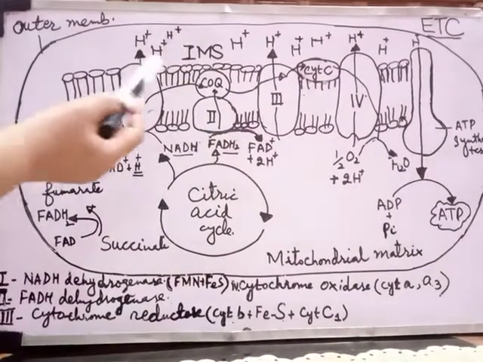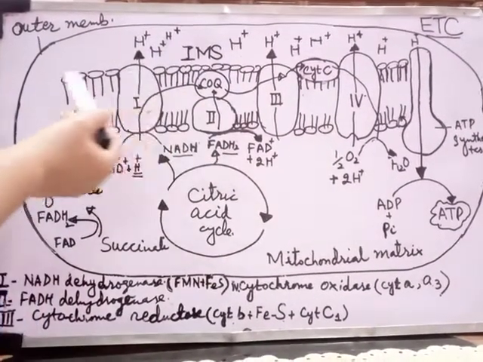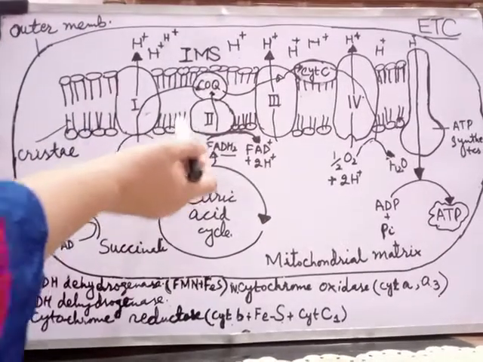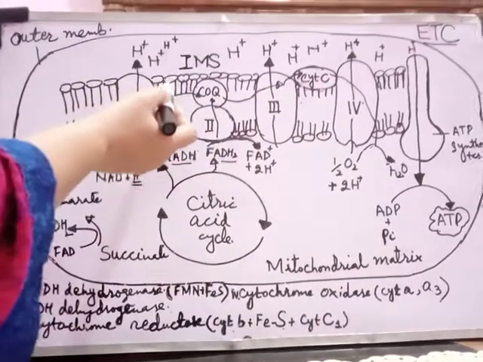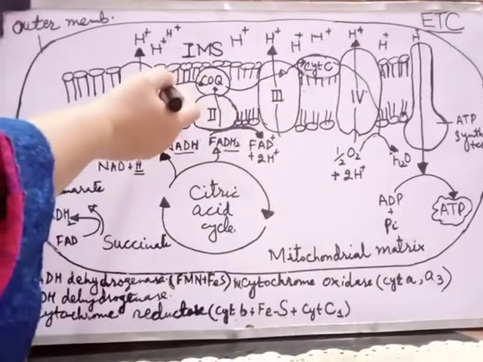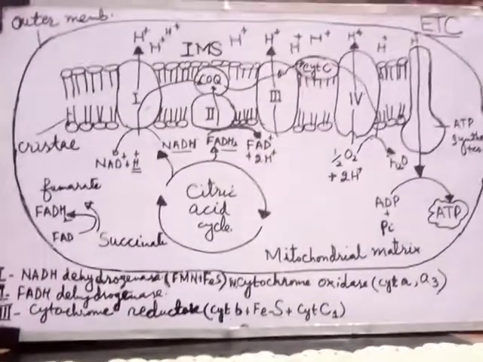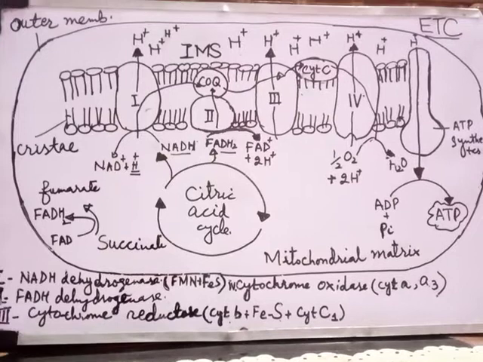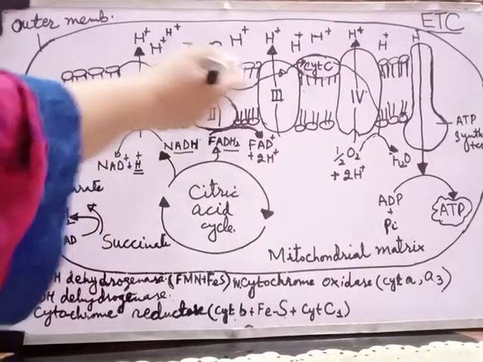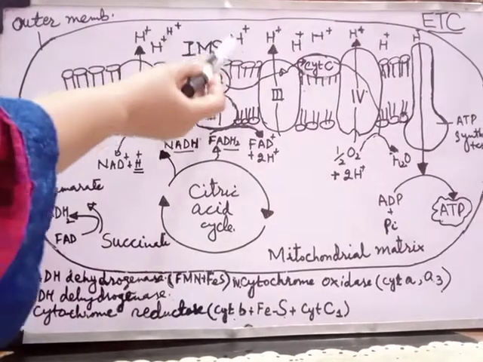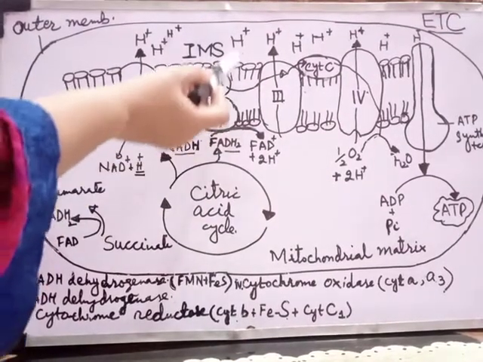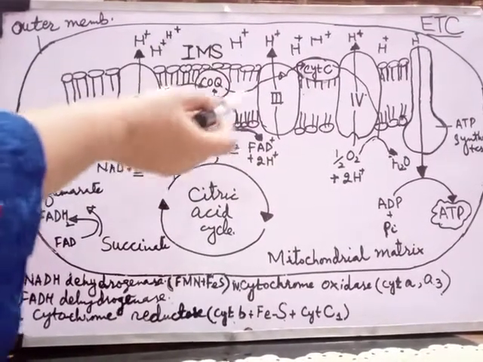But as you know, the mitochondrial membrane is impermeable to the movement of hydrogen ions, because the main core of the membrane consists of a lipid bilayer or fatty acid chains, so it doesn't allow movement of hydrogen ions through the membrane.